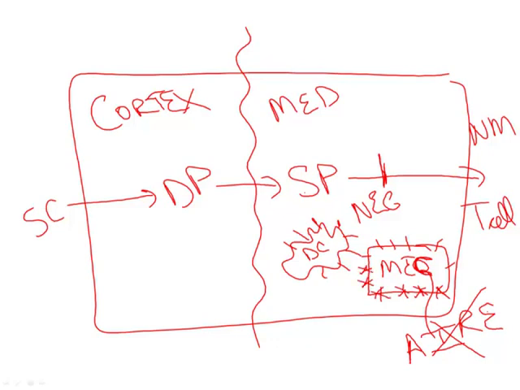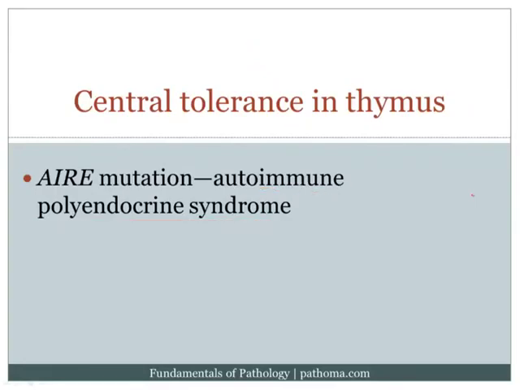If we can't express some subset of self-antigens, then lymphocytes that are generated against that subset will be able to escape out into the periphery, and we'll have self-reactive lymphocytes within the periphery. And that's what happens in this disorder called autoimmune polyendocrine syndrome. Patients have AIRE mutations, and so lymphocytes that are reactive to antigens that are dependent upon AIRE will be able to escape, and in particular these patients develop autoimmunity that destroys endocrine glands.